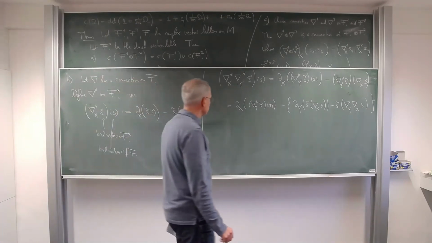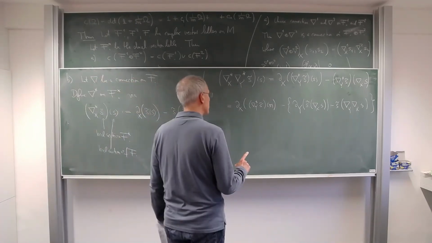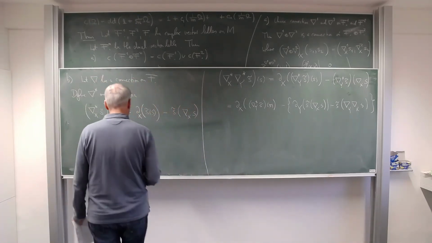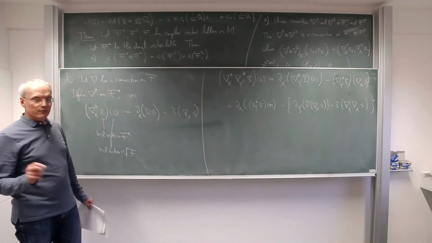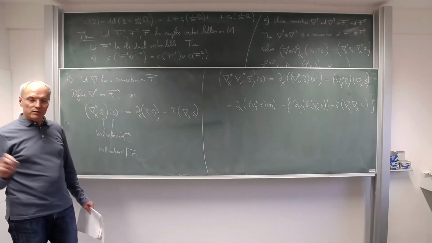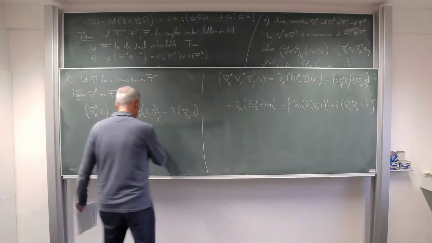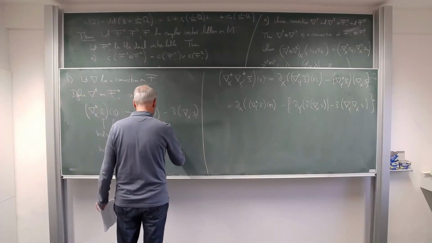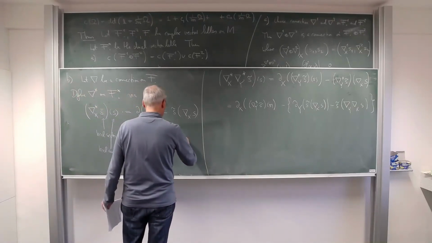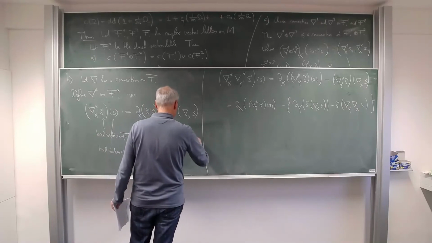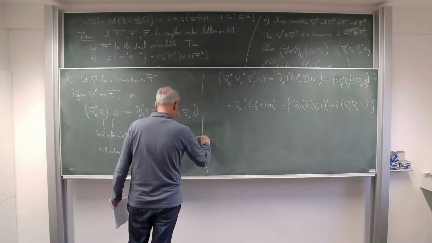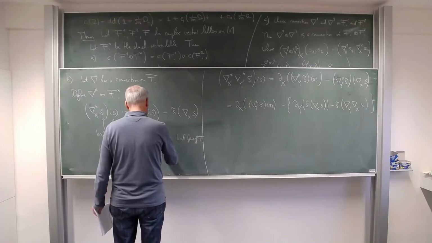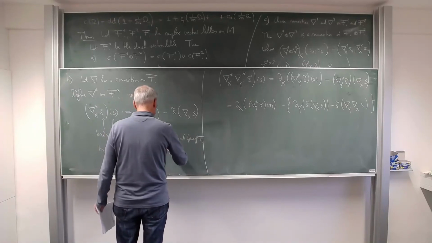But I simplify the situation a little bit by already using frames. I need frames in a moment anyway to compute the curvature matrix. So let S1 up to Sn be a local frame of F, and S1 tilde up to Sn tilde the dual frame.